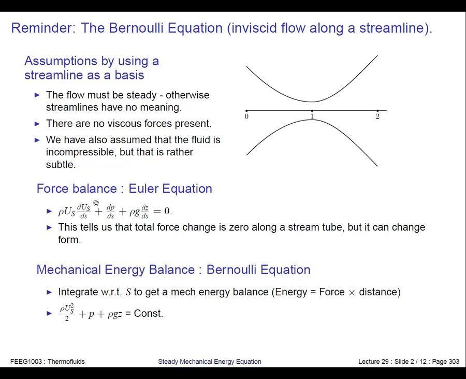This was the Euler equation, and we integrated it with respect to s, and we ended up with the Bernoulli equation with three energy terms: a kinetic energy term, a pressure energy term, and a potential energy term. The sum of these is always equal to a constant, typically called the stagnation pressure, which is, if you like, the stored energy in a chamber from which pipe flows come.